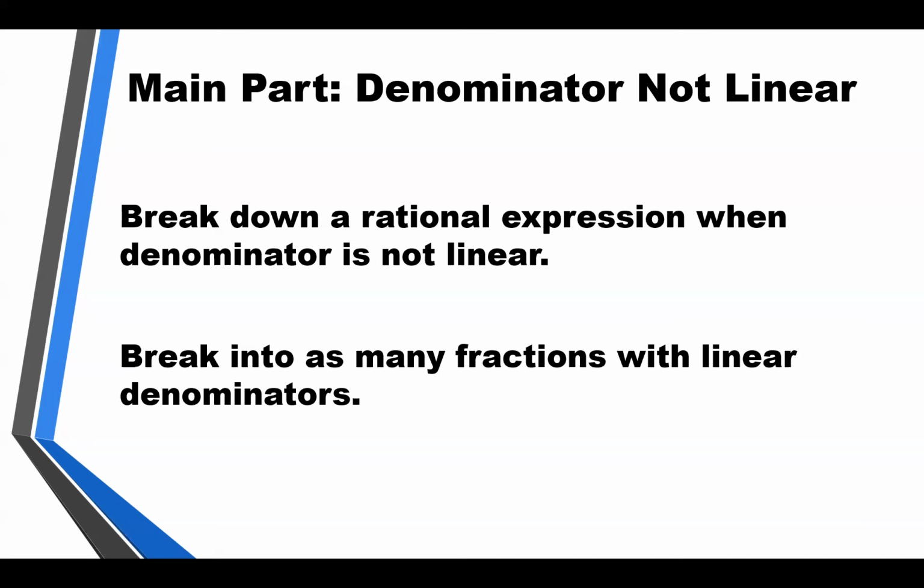We break down rational expressions into a bunch of smaller fractions, and those smaller fractions are going to have linear denominators. That's the goal anyways. We want to start with an ugly looking denominator and then break the expression down into nicer pieces to deal with.